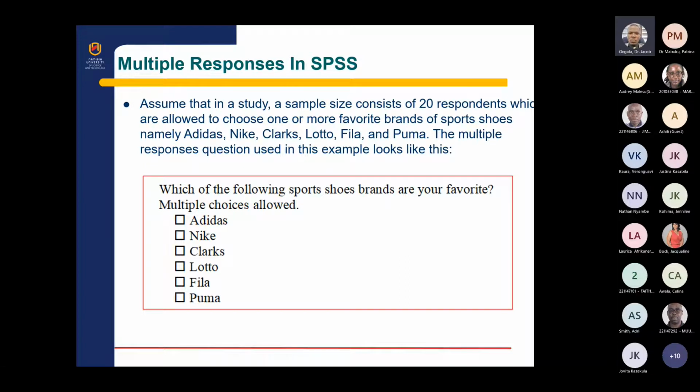So we are going to see how we analyze this kind of question. I know so many researchers who might be having deficiency in analyzing these particular responses. They always want to restrict the respondent to just pick one.